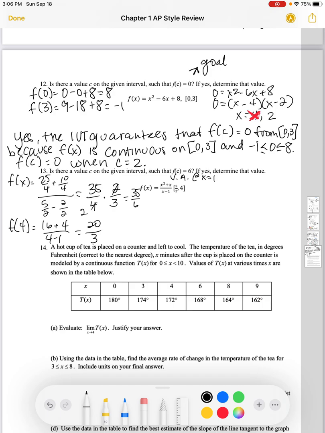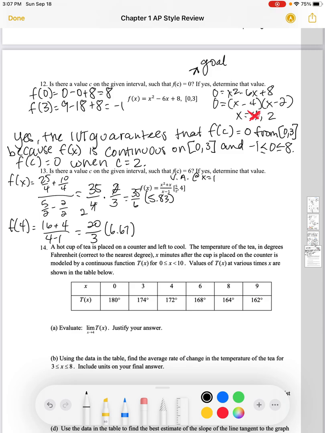All right, and so then if we're looking at this, we're trying to see if 6 falls in that range. So if we think about 35 divided by 6, that's about 5.83, the decimal. And then 20 divided by 3, we're looking at 6.67. And so 6 does fall within that range.